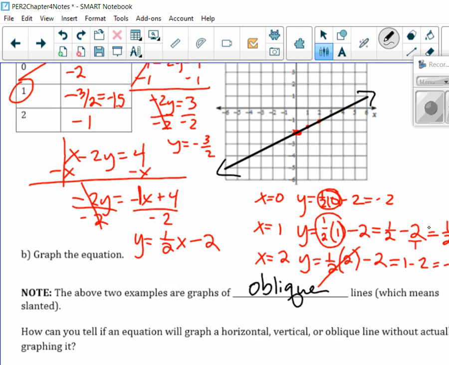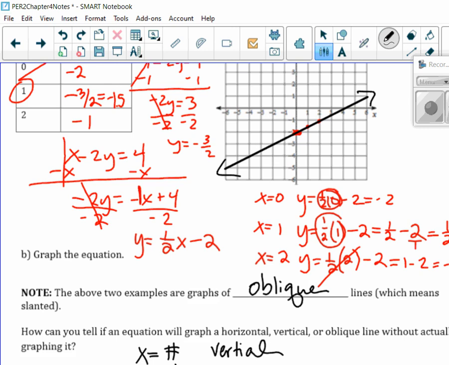How can you tell if an equation will graph horizontal, vertical, or oblique without actually graphing it? Does anybody think they know? Well, if you think about when it was in the form x equals some number, what kind of line did that graph? Well, that graphed vertical. When it was in the form y equals some number, what kind of line did that graph?